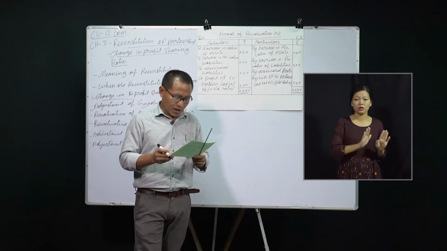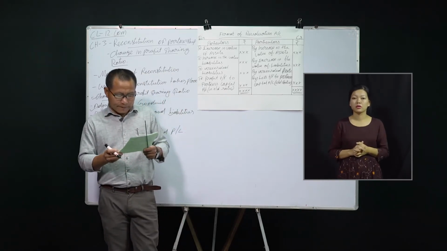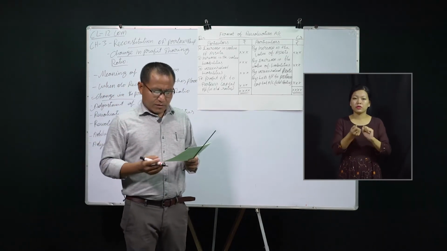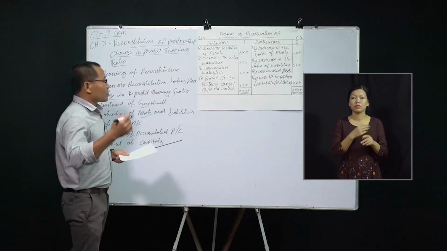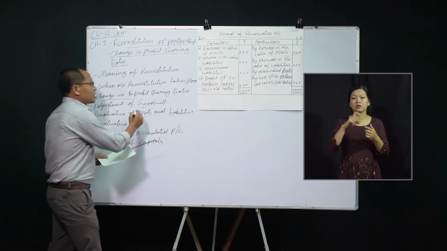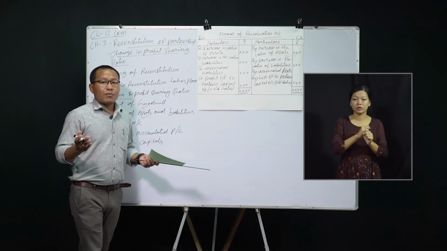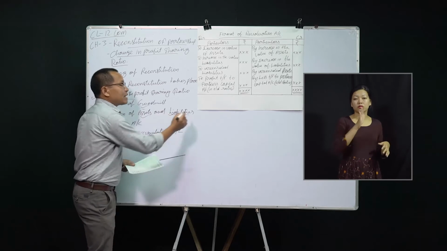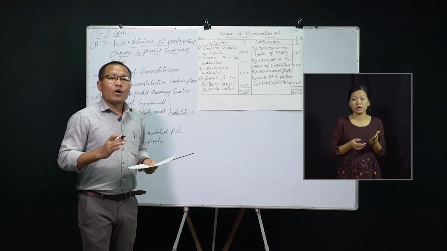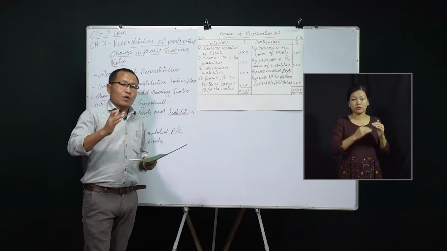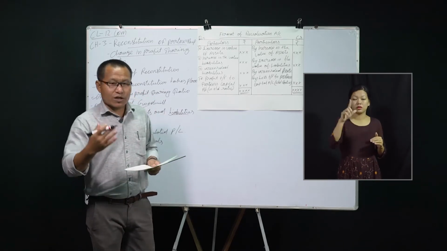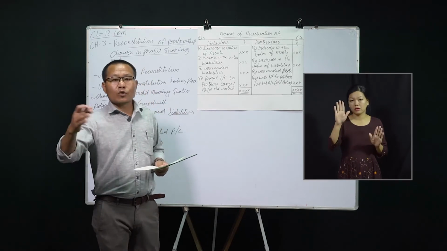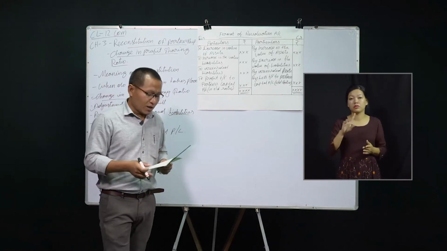Before reconstitution takes place, the assets may be worth maybe 5 lakhs, but on retirement it may increase or decrease. Liabilities usually decrease on retirement or admission of partners. So you will have to ascertain the correct value of assets and liabilities to be paid to the outgoing partner or to be brought in by the incoming partners.